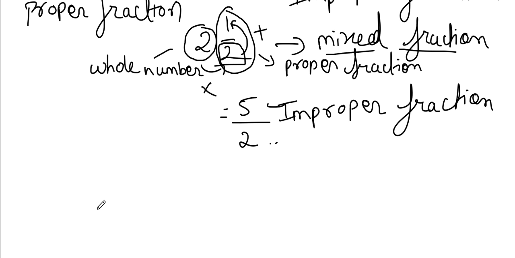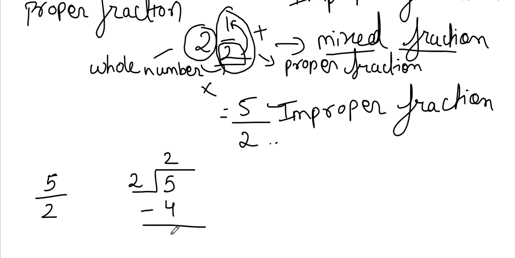Now suppose I take this improper fraction and I want to convert it into a mixed fraction. How do we do that? We do normal division. Always remember one thing: denominator comes outside, numerator comes inside. Now I will solve this. Which number will I take? 2 into what will give me a number lesser than 5? So 2 2s are 4, which is lesser than 5.